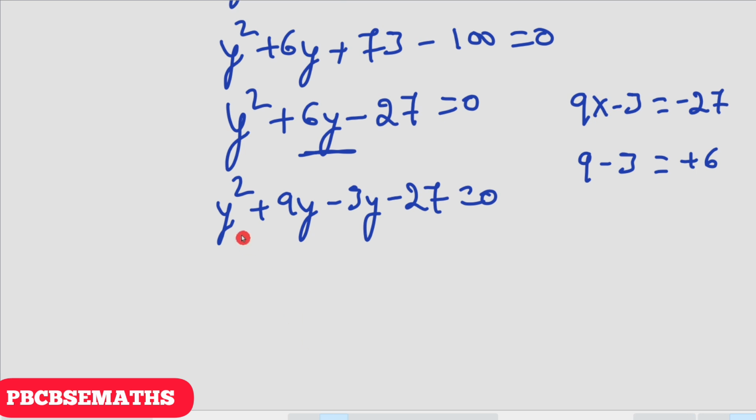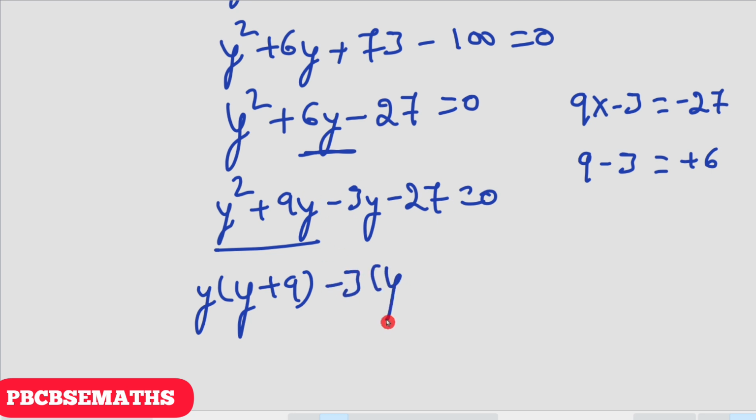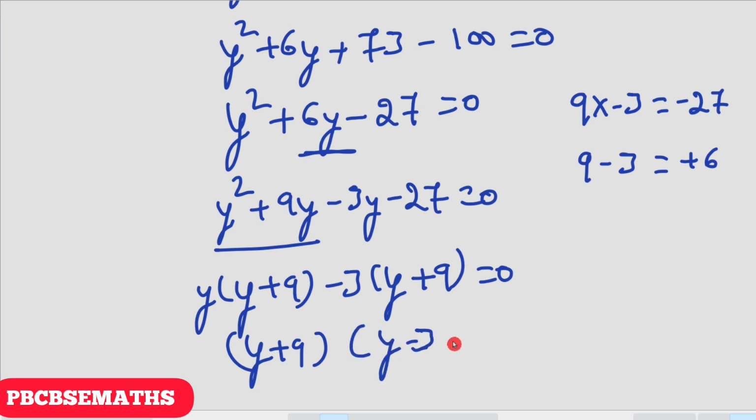Then we can factor out y in the first two terms. Then we can write y times y plus 9 at here. Here let's factor out minus 3. Then we are left with y plus 9 equals to 0. Further, we can write y plus 9 times y minus 3 equals to 0.